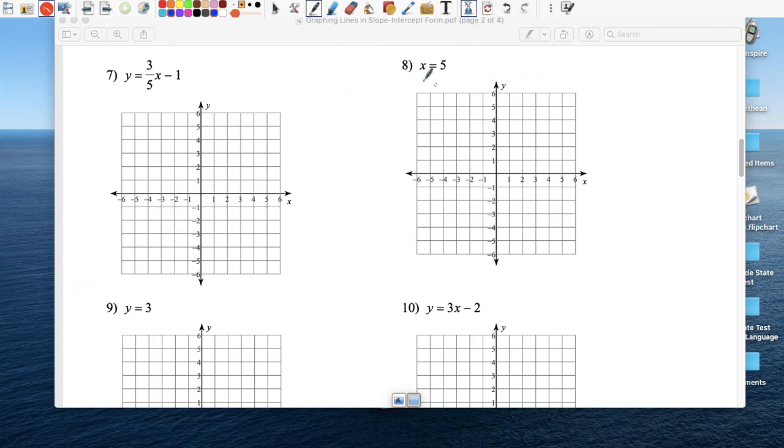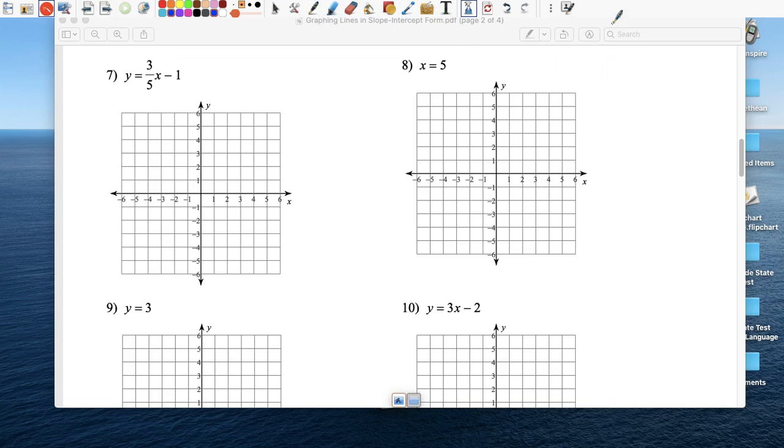x equals 5. So this is like the other one. This is kind of weird. Like the previous one where we were looking for y to be 4, here every single x value is 5.